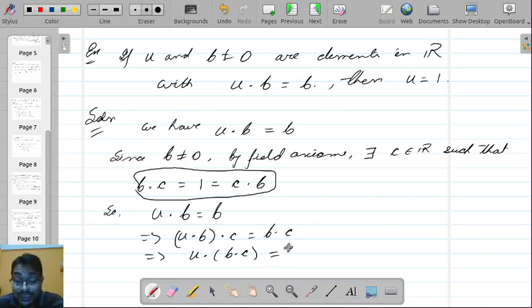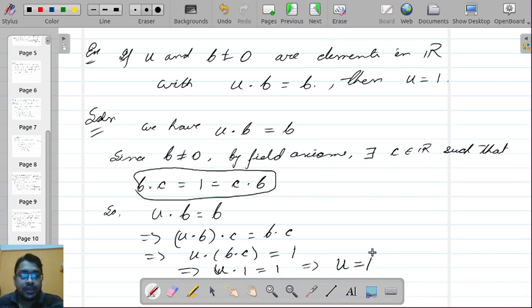You see the necessity comes here. But b dot c is 1, so this is u dot 1 equal to 1. By property of multiplicative identity, u dot 1 is nothing but u. So u equal to 1.